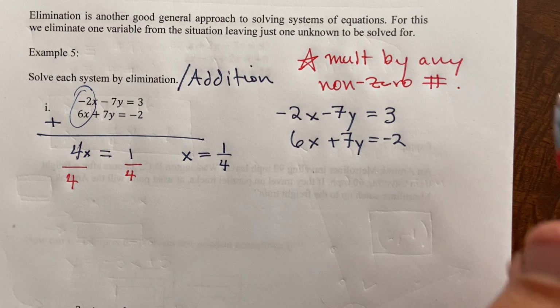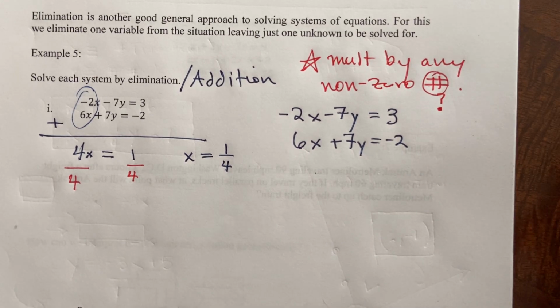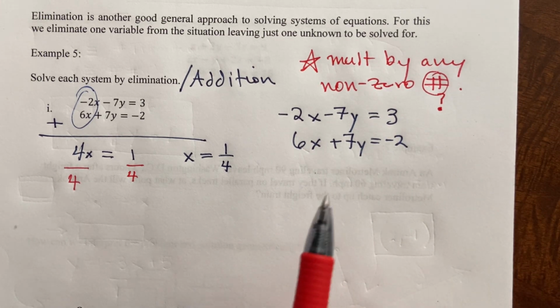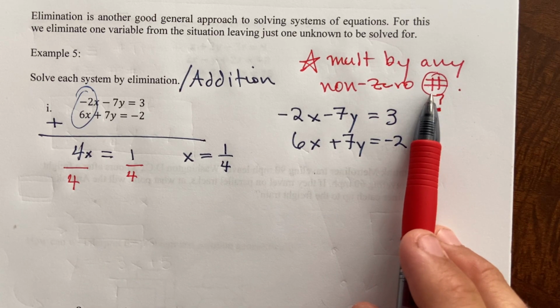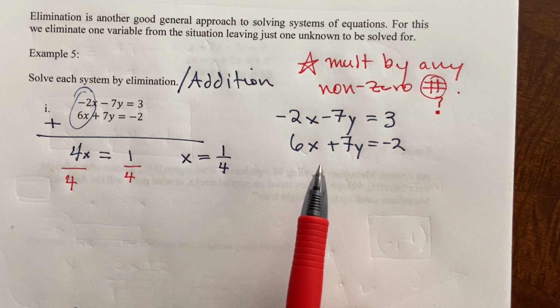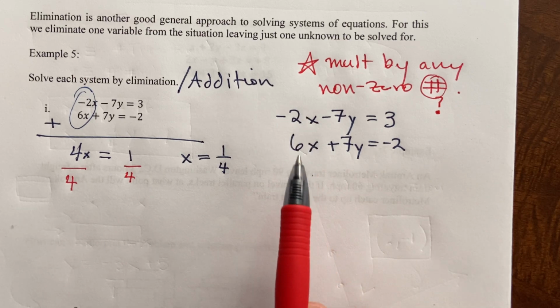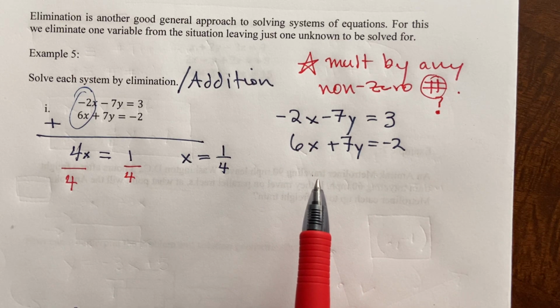If you're thinking, okay, now what number? There's a lot of non-zero numbers. We want to choose a number such that when we multiply one of these equations by it, we accomplish the goal. And the goal is to eliminate x right now.